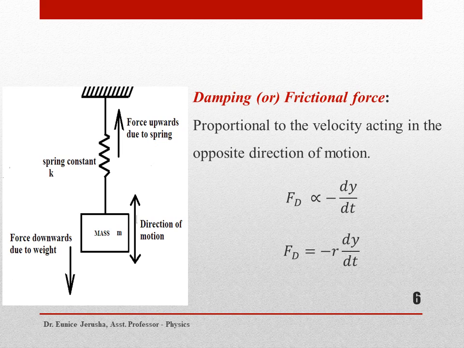In order to remove the proportionality sign, we introduce a proportionality constant. This proportionality constant is denoted by R, and R has a name. It is called the damping constant, or the frictional force constant. Therefore, the damping or frictional force Fd is equal to minus R dy by dt.